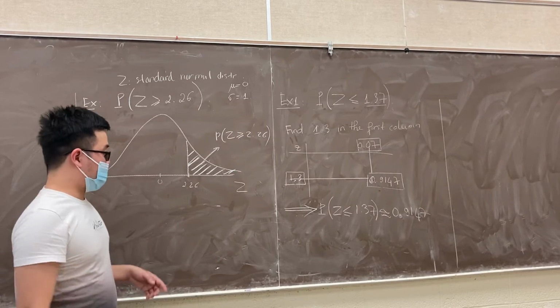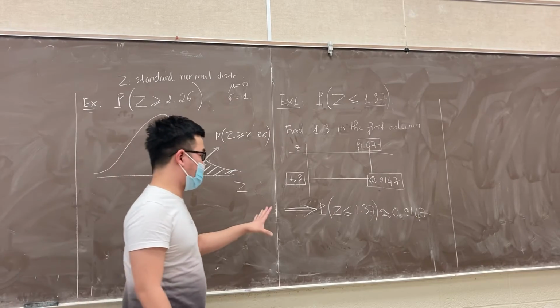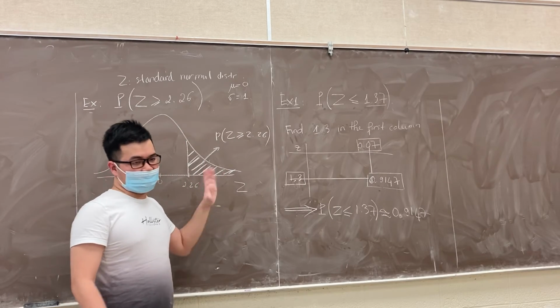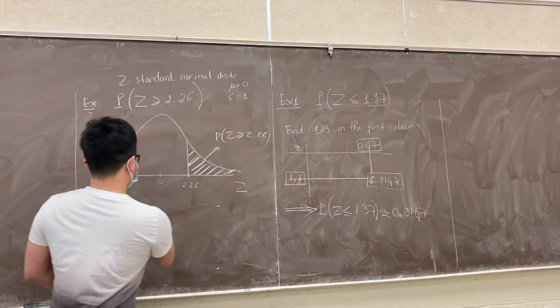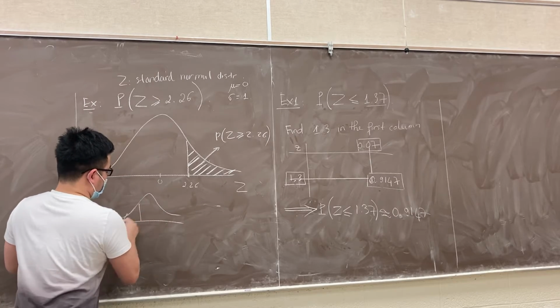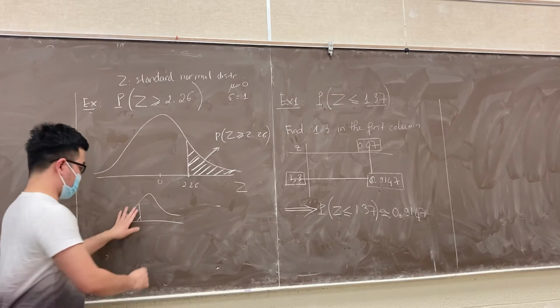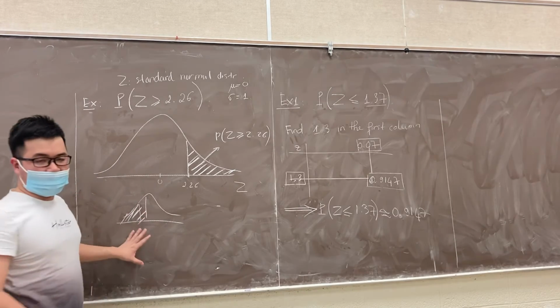But the table will not help us to calculate this kind of area, right? They just help us to calculate the probabilities or the area from the left side. They only help us to calculate this.